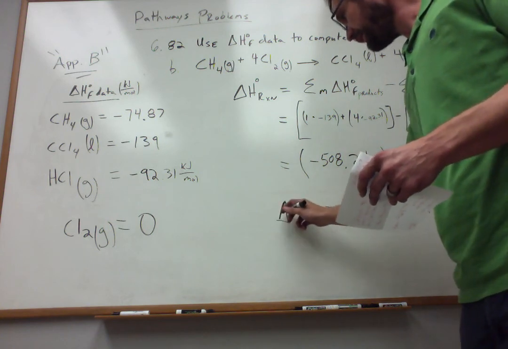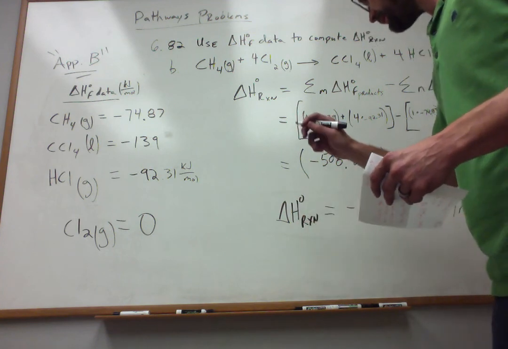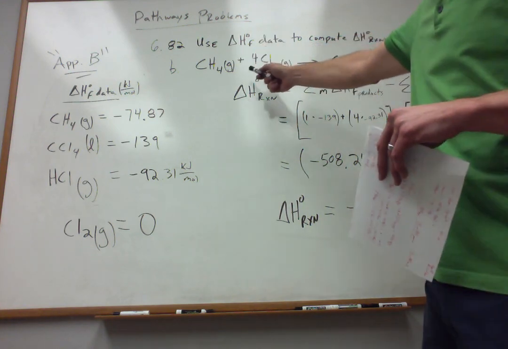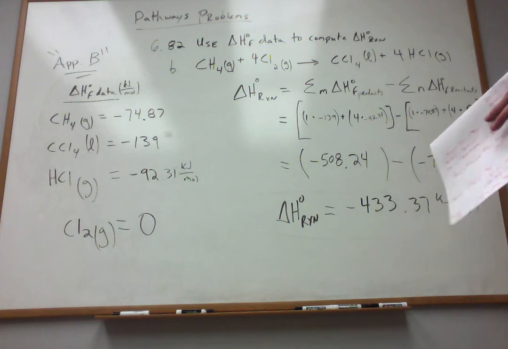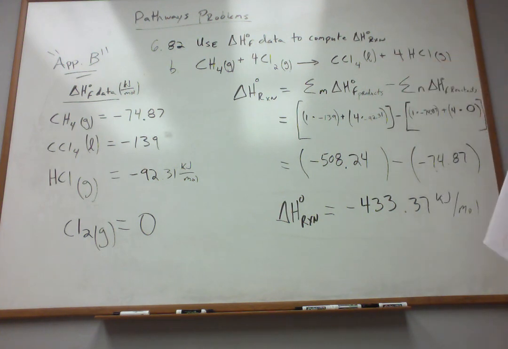And that is my delta H zero reaction for that reaction. So my standard enthalpy of reaction for methane reacting with 4 Cl2 to make carbon tetrachloride and 4 copies of hydrogen chloride gas should be negative 433.37 kilojoules per mole.